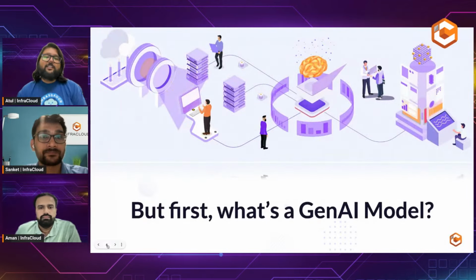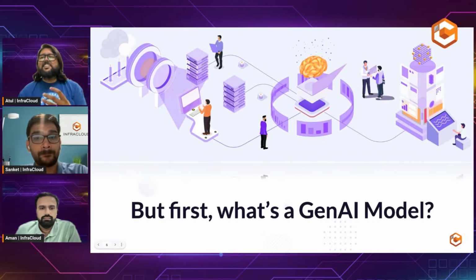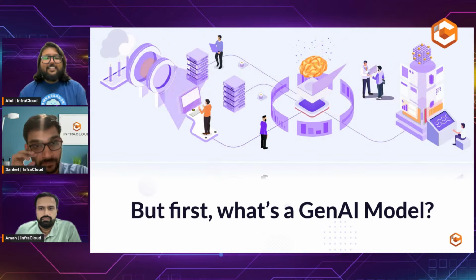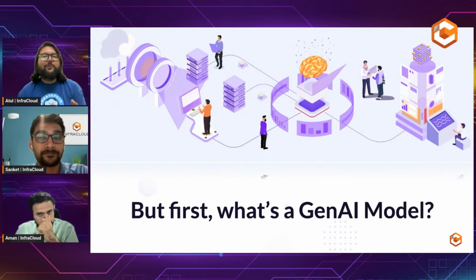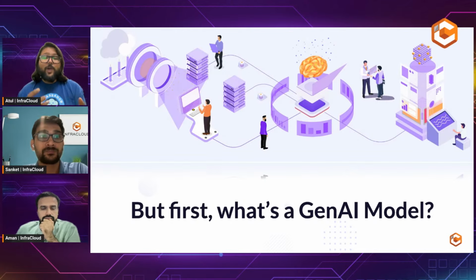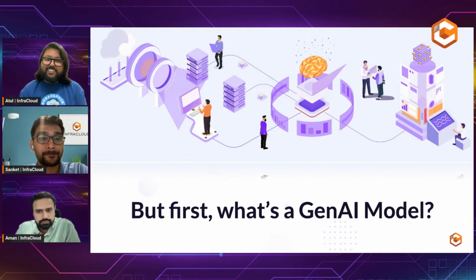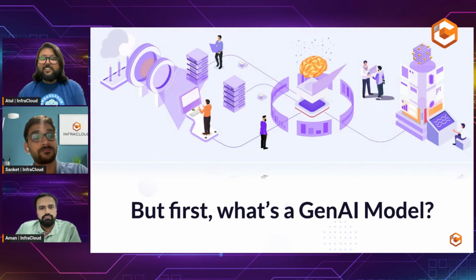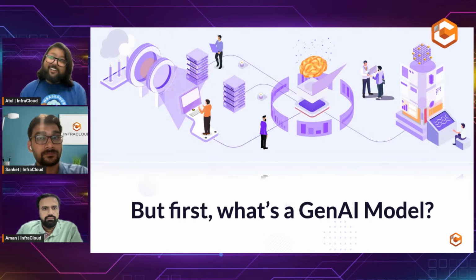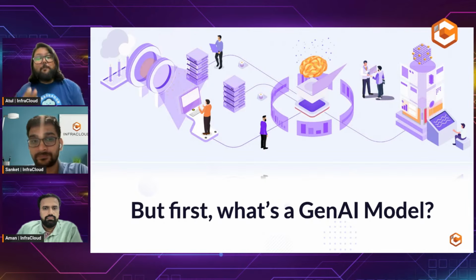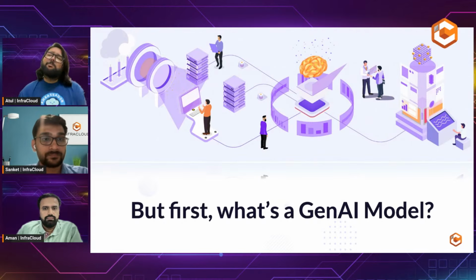So, starting with the most basic question, what exactly is a Gen AI model? I'm sure all of us use AI in our day to day lives. When you ask a question, let's say to ChatGPT, it's not just looking up an answer from a database. Instead, it is trying to understand the input that you have provided. Based on that, it tries to predict the next best response and create something in real time.